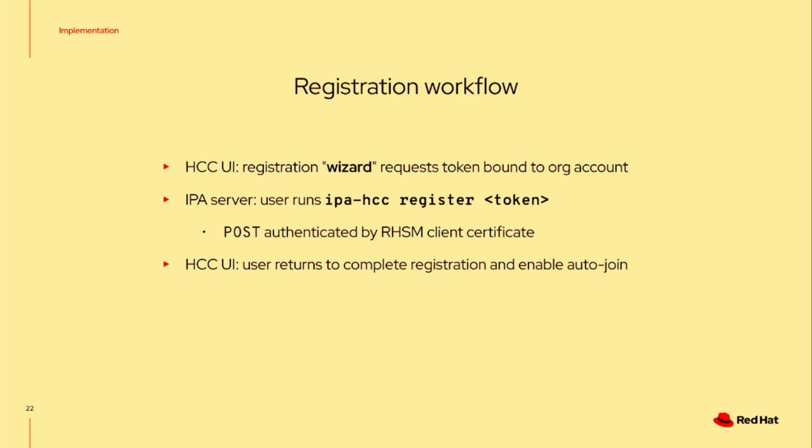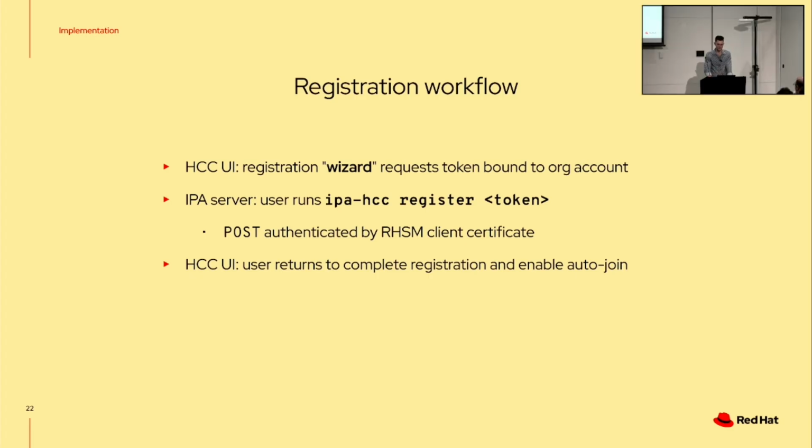So the registration wizard, when it requests that token, I'm just saying the same things I talked through in the diagram, aren't I? So the critical thing that I didn't mention is that the post request to complete the registration is authenticated by the subscription manager certificate that the client VM has acquired.